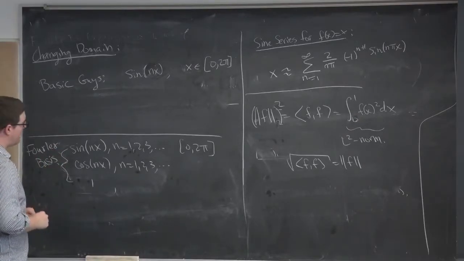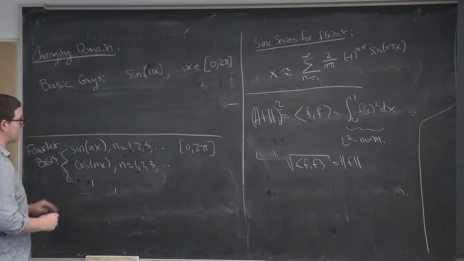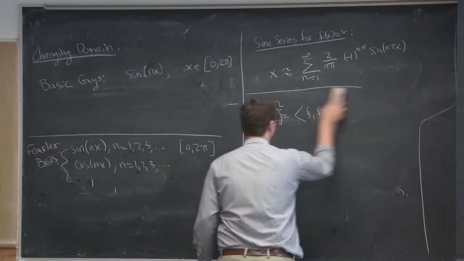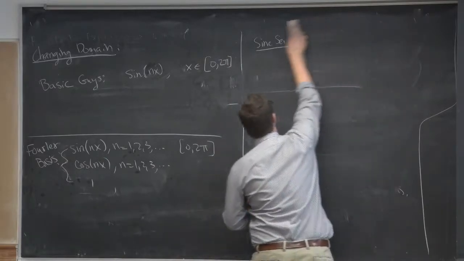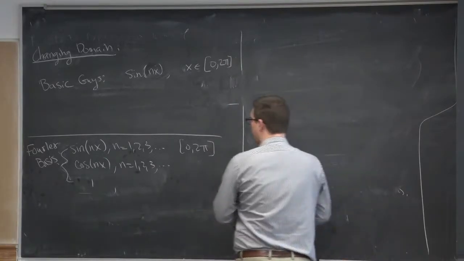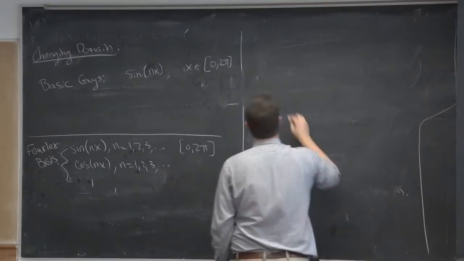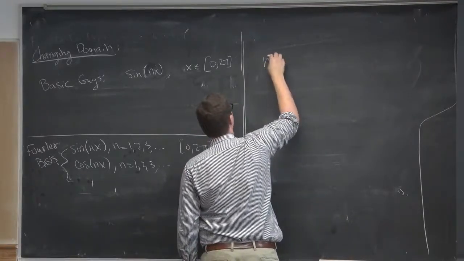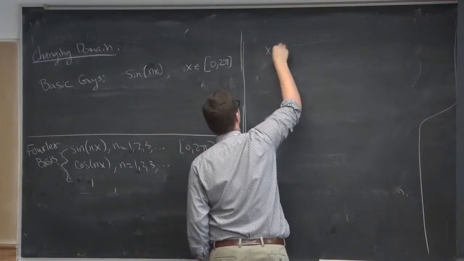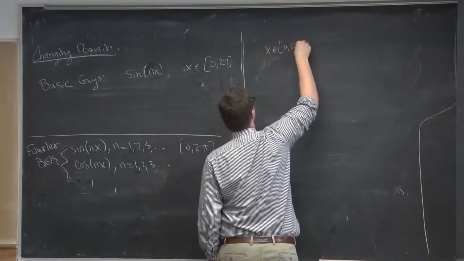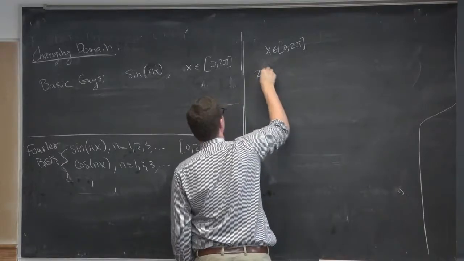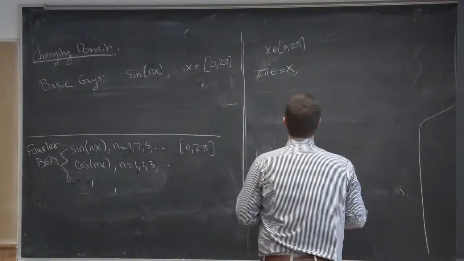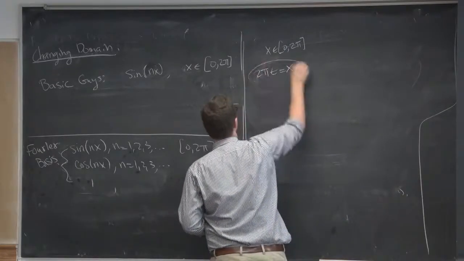Okay, if we were going to shrink to the interval 0 to 1, then when x is in 0 to 2 pi, we could do something like 2 pi t equals x. This is a change of variables.